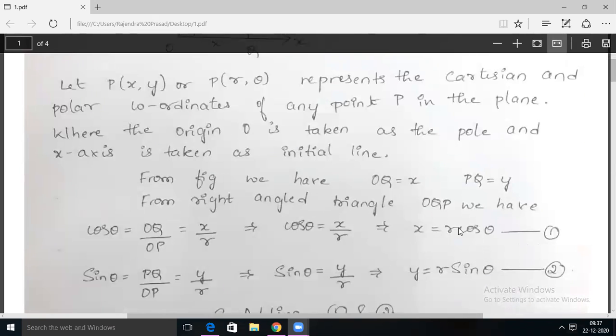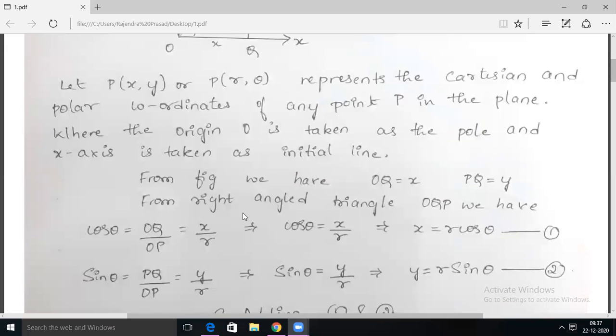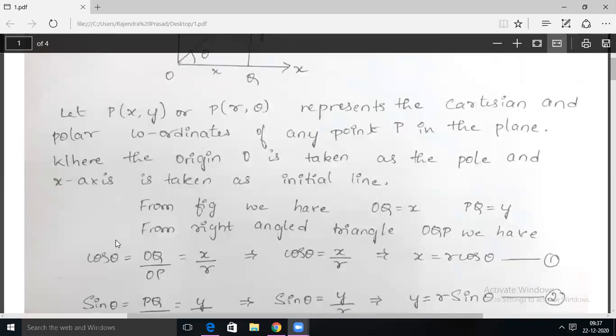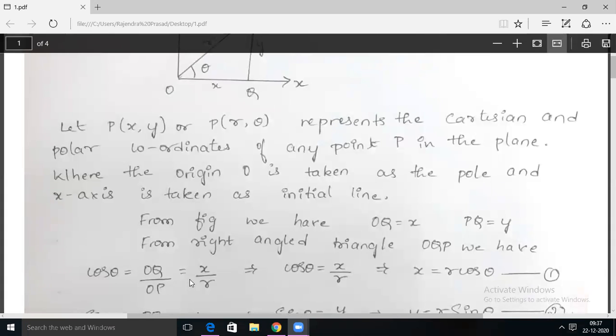Observe carefully here. From the right angle triangle OQP we have, already we know, cos theta is equal to OQ upon OP.